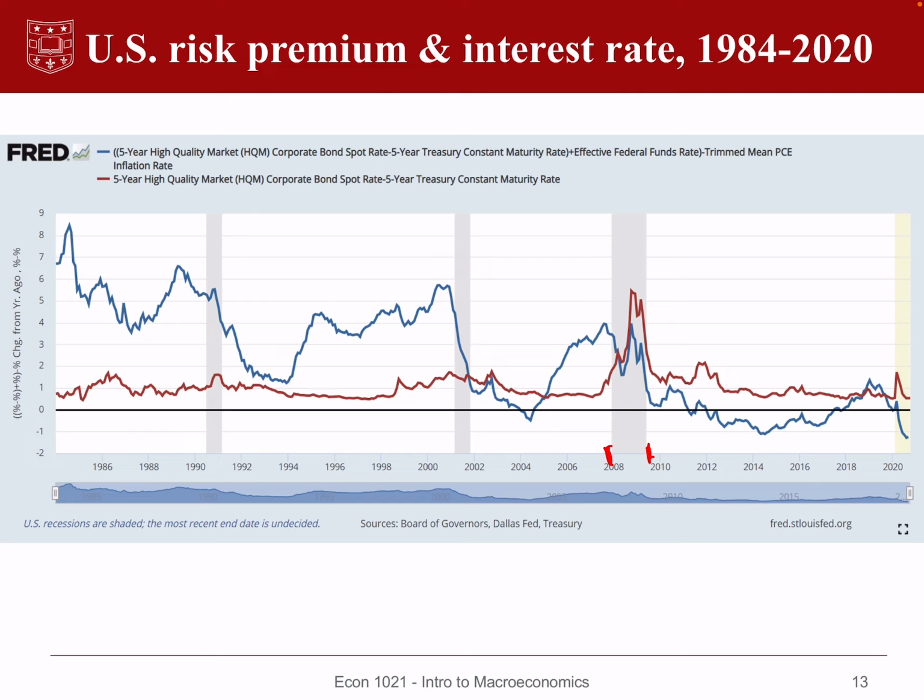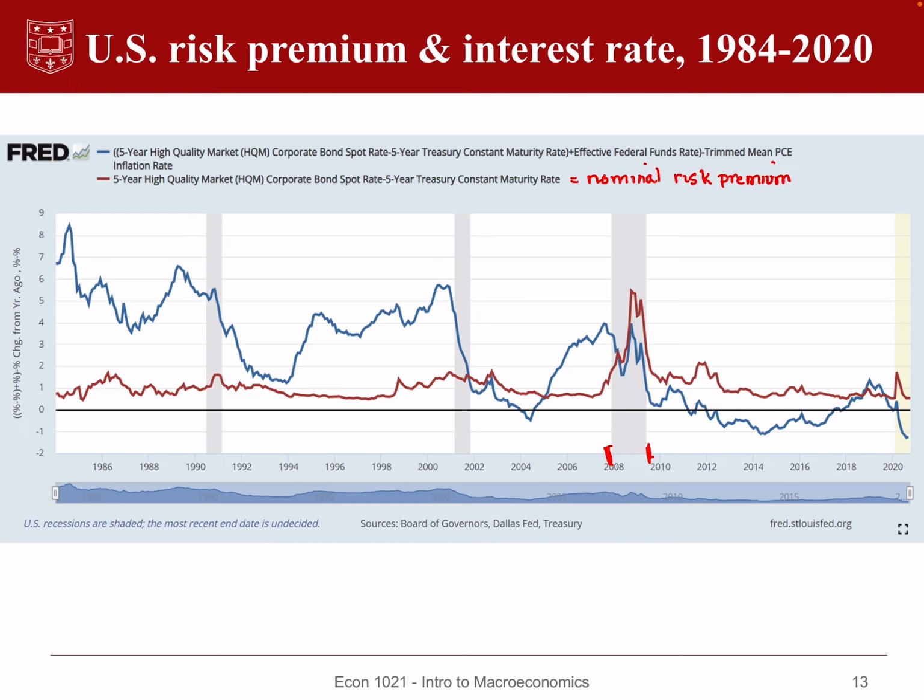So in this picture, we're going to come back and talk about this period right here. In this picture, what I'm depicting are two different things. The red line, or the burgundy color, is a nominal value of the risk premium.